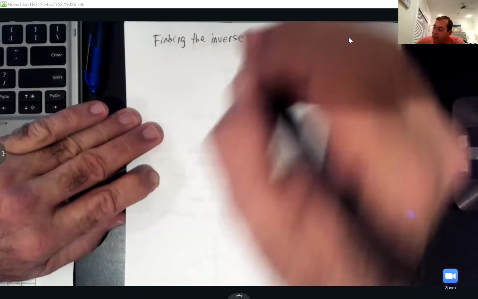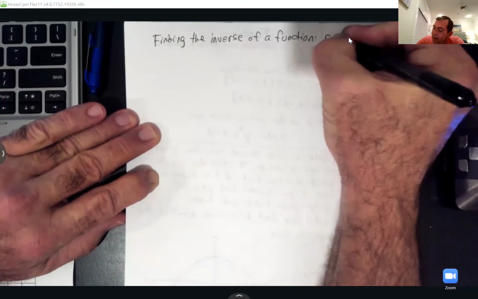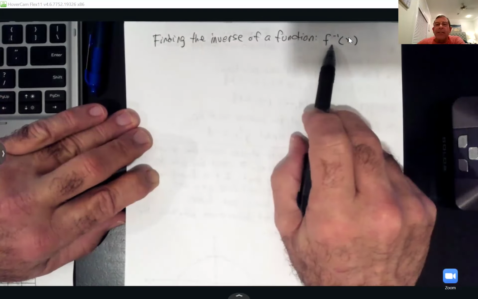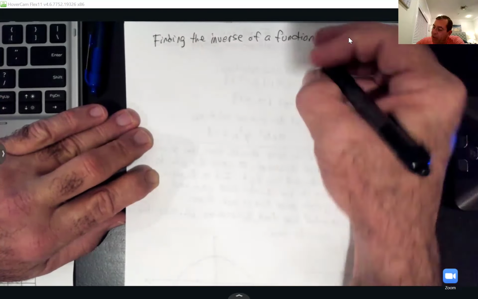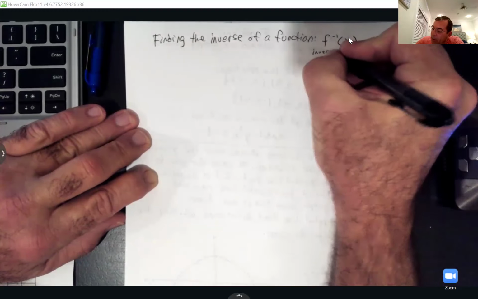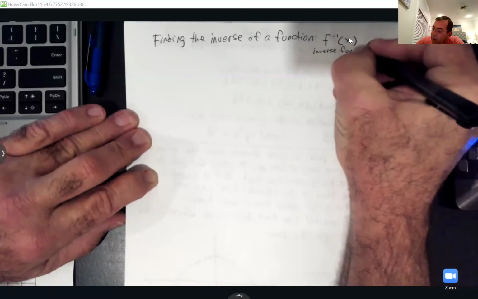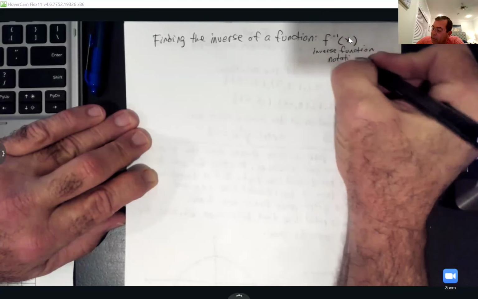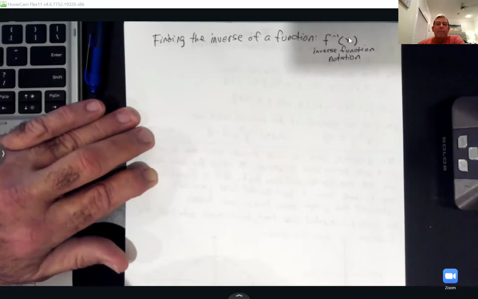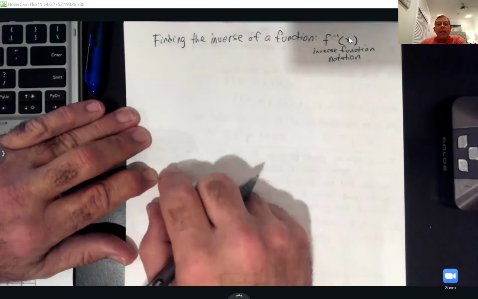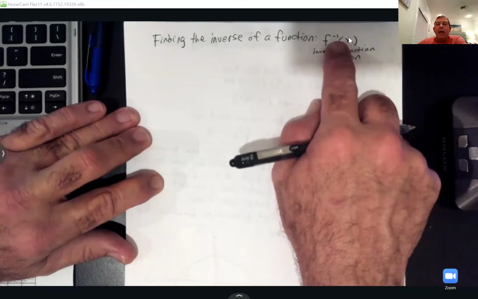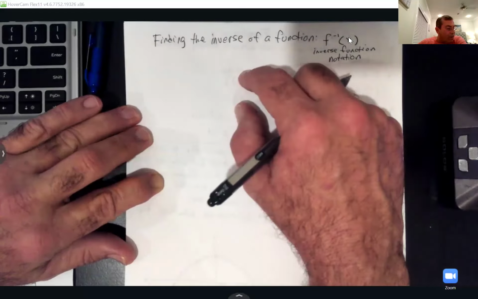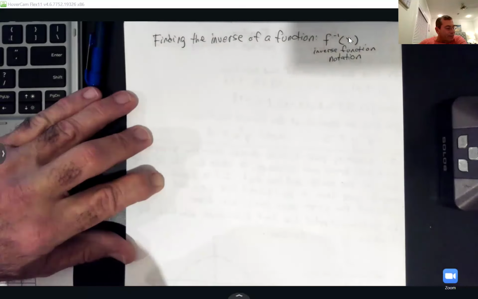So inverse function notation will be f inverse of x. This is what we call inverse function notation. So I'll start out with a function, and then when I find the inverse, I'll use this notation because it's the inverse of the function we started with, okay?